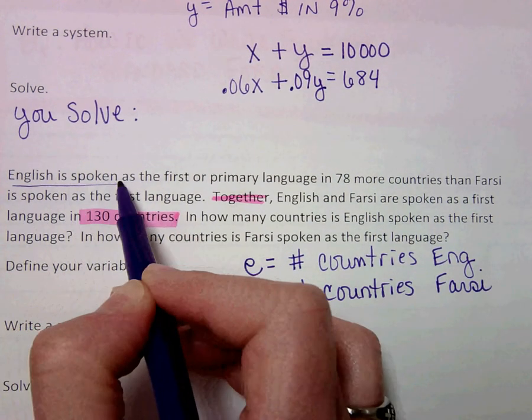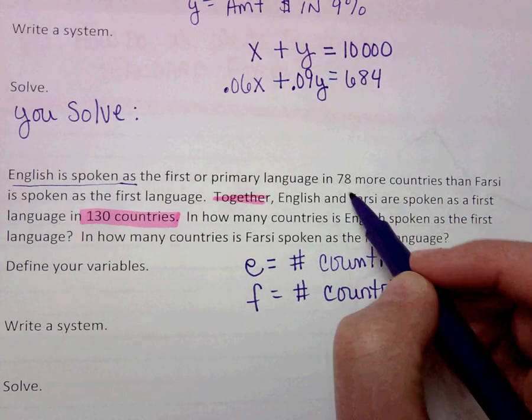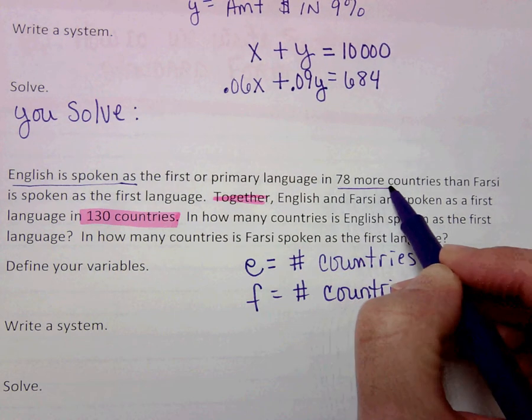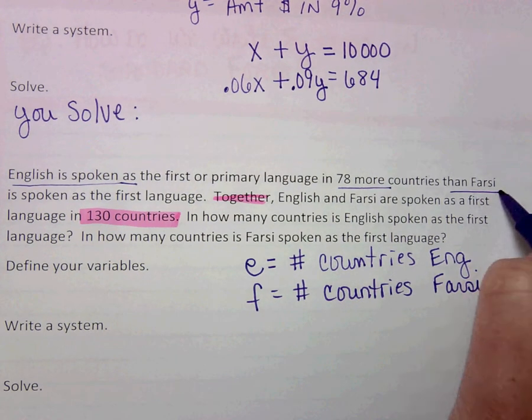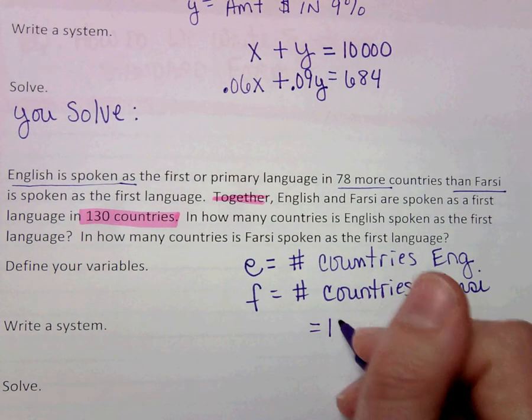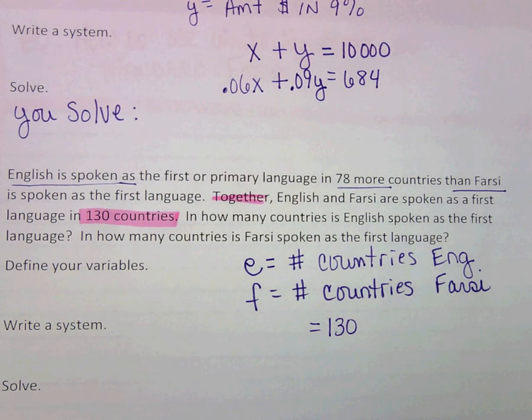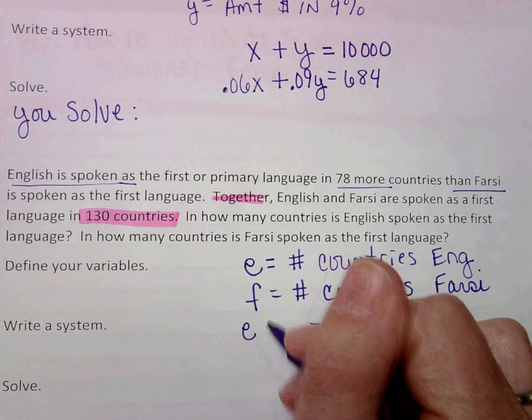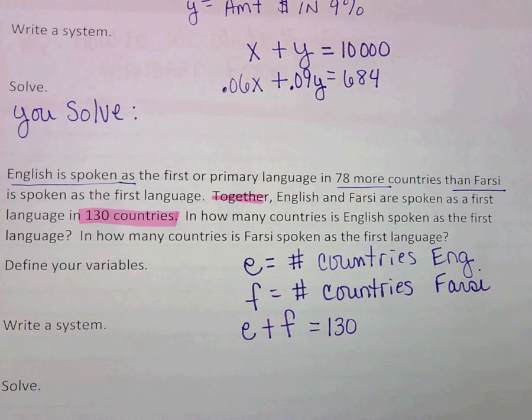It says English is spoken as a first language in 78 more than Farsi. So one of our totals is 130. We're going to use that to write one of our equations. That's really going to be easy. E plus F equals 130. You're going to see a lot of times you're going to have a very simple basic equation in standard form just like that.